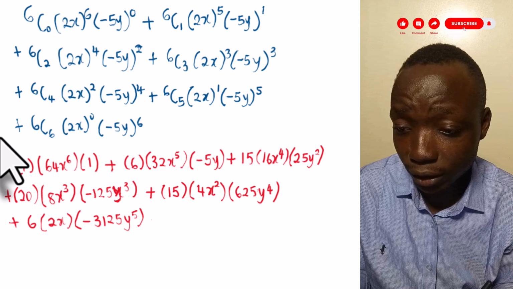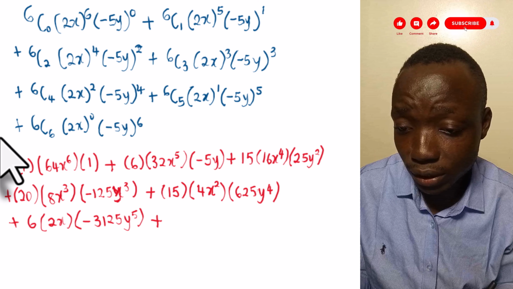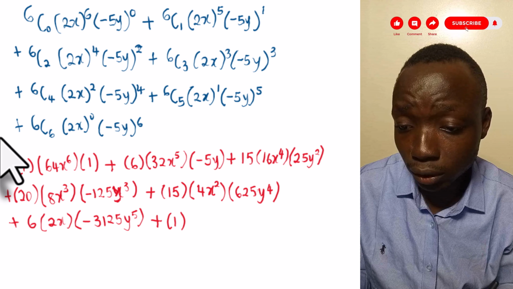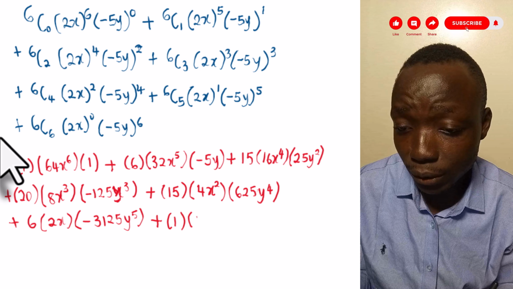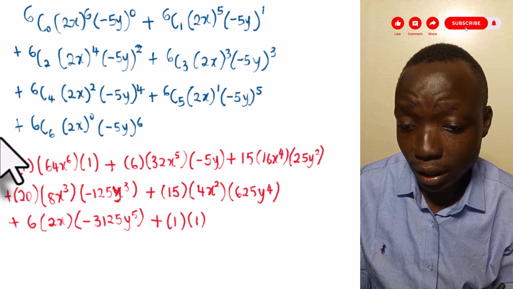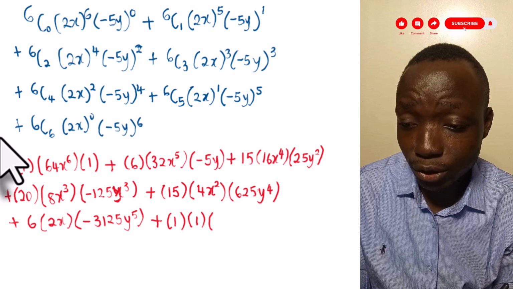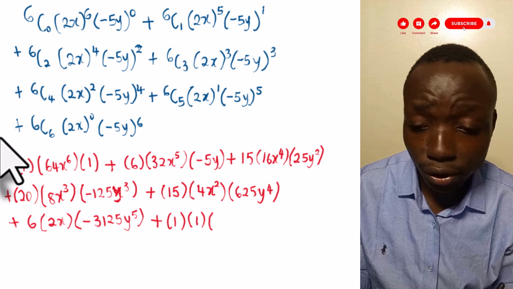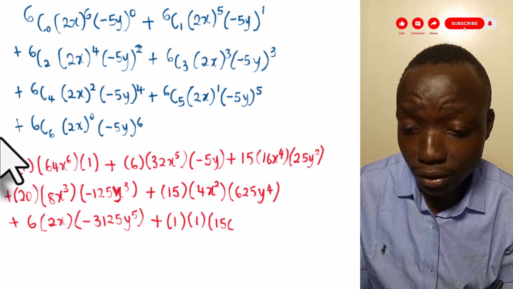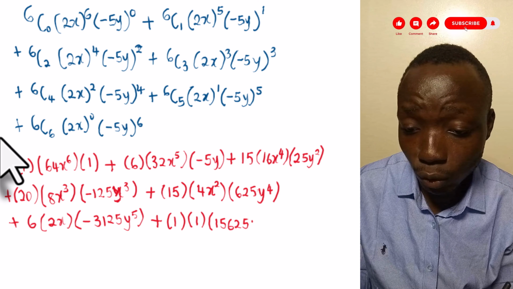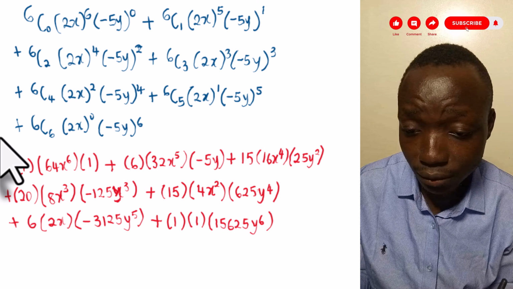And the final one, 6 combination 6 is 1. 2x raised to power 0 is 1. And minus 5y raised to power 6 is going to give you 15625y raised to power 6.